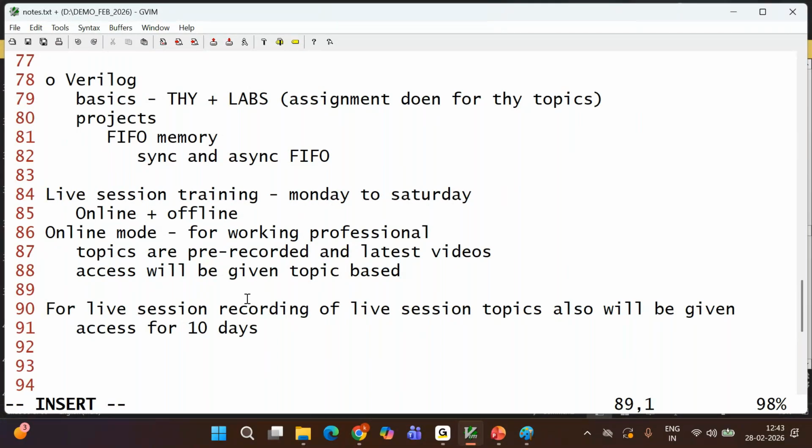The only thing that differs is the mode. In live session training, you and I will be present in a day and we'll have a session in live mode. Online means it will be pre-recorded videos, that's it. Subject-wise it's the same, support-wise it's the same, evaluation-wise it's the same. At the end both of you will be put into the same VLSIGuru job support group.